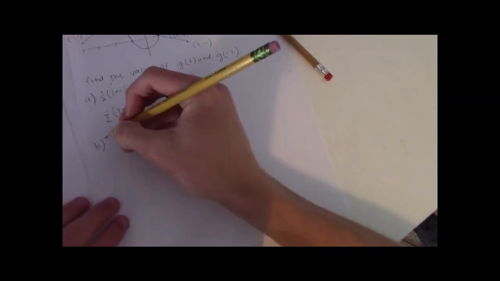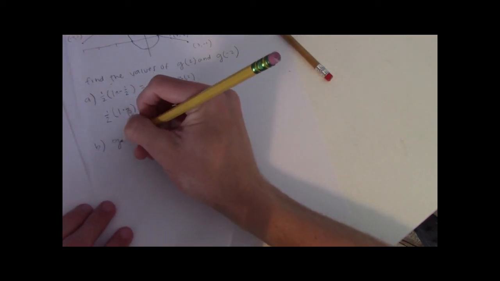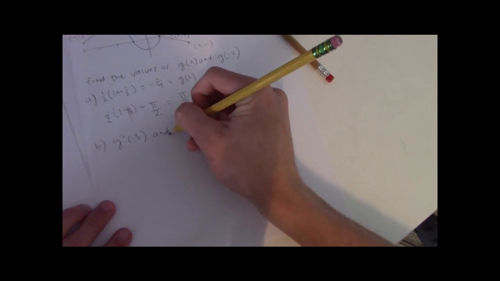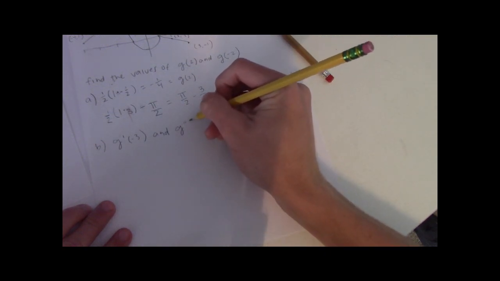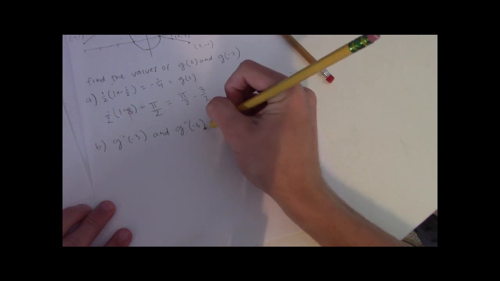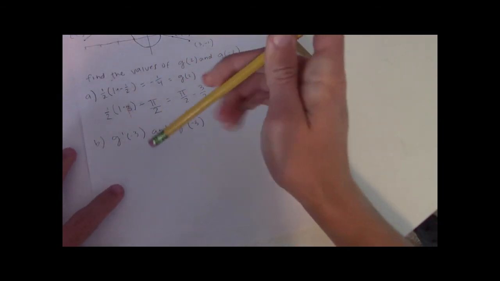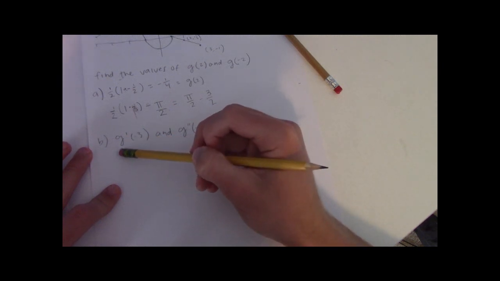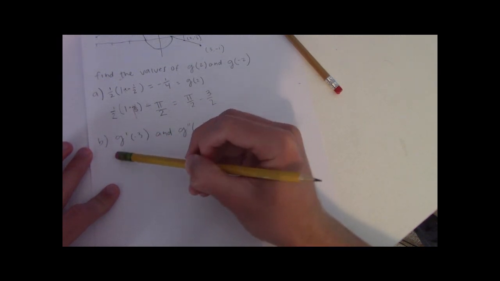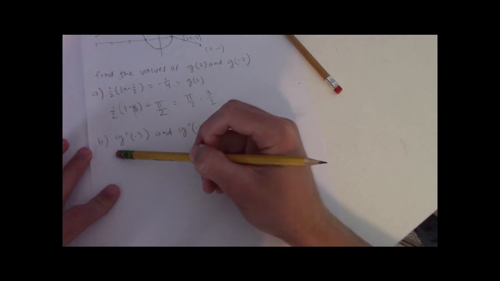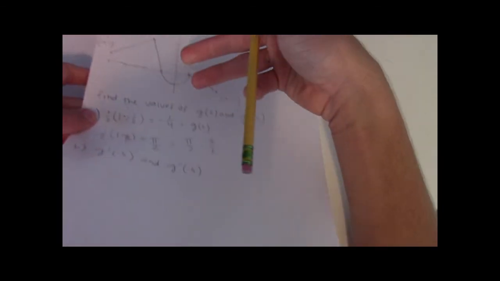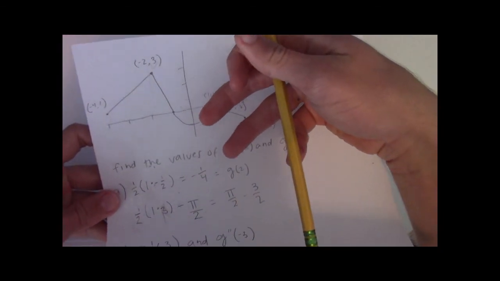And it asks us to find g prime of -3 and g double prime of -3. So when you're finding the derivative of the integral, you're finding the derivative of an antiderivative, which is the same thing as what you're given with.